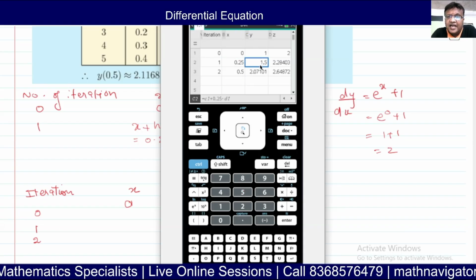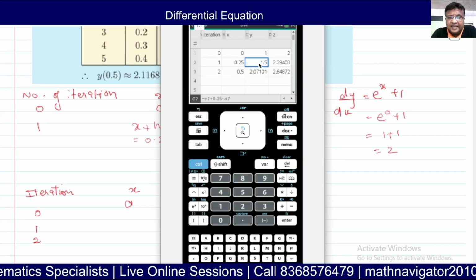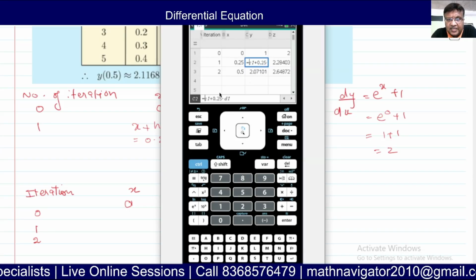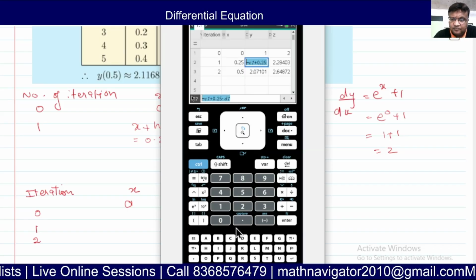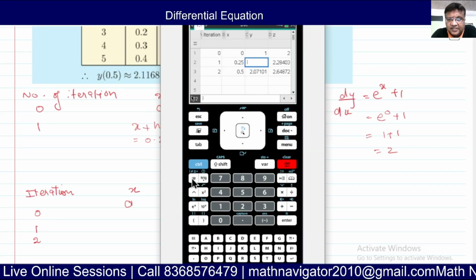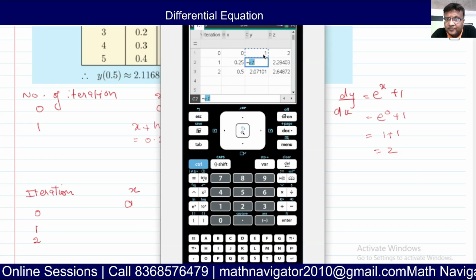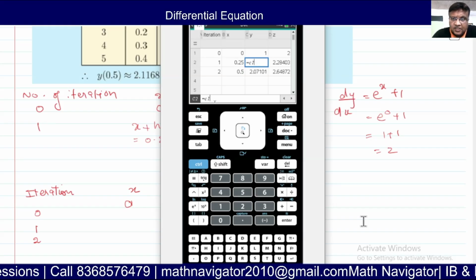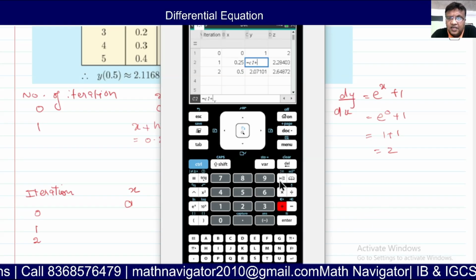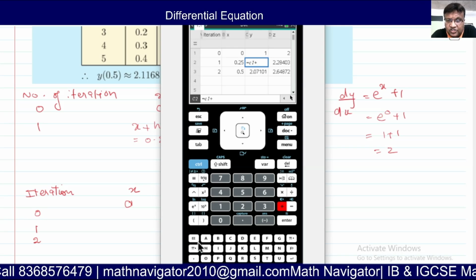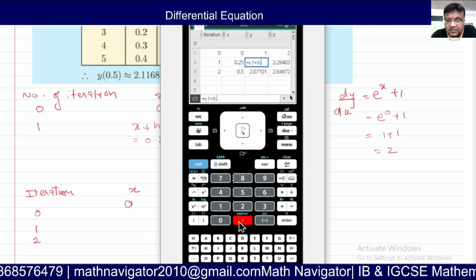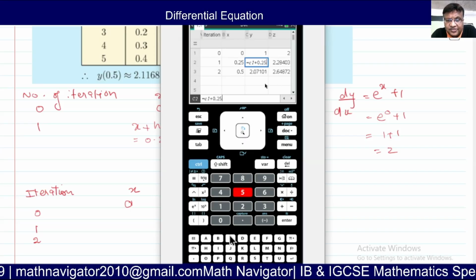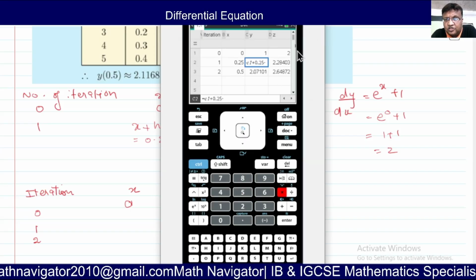And then here I need to put the formula. I'll delete it and put it again. So my formula is y plus 0.25, which is h, times this cell, because it is dy by dx.